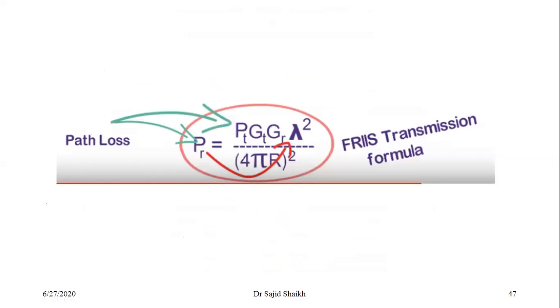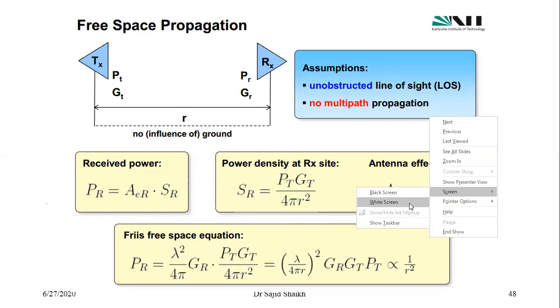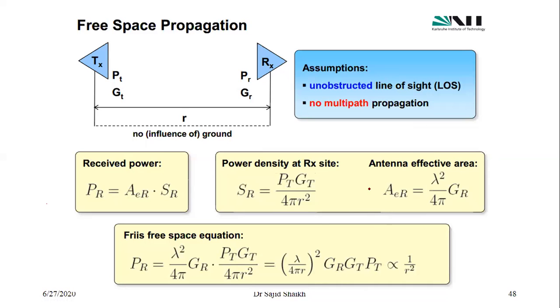Now this is the summary we already saw in the previous lecture. This is the formula to calculate the amount of received power. This is the formula to calculate the power density. This is the formula to calculate the antenna effective area.